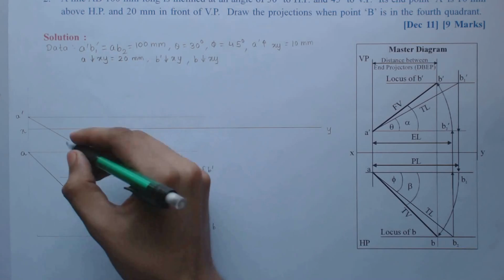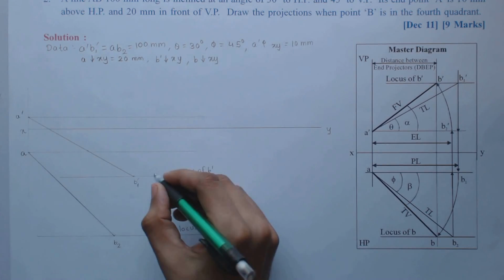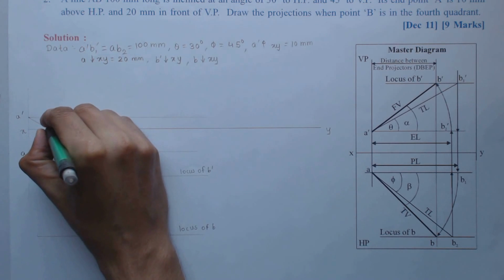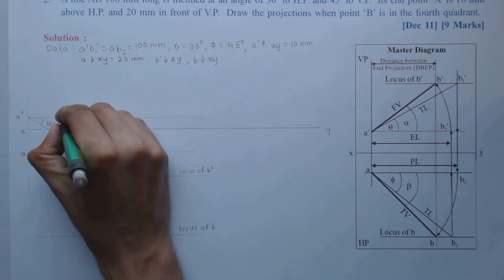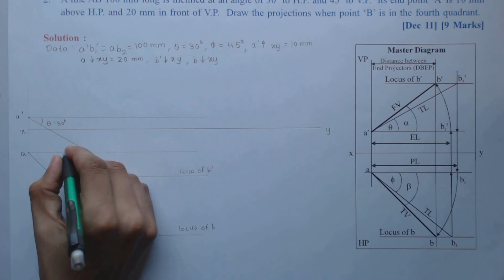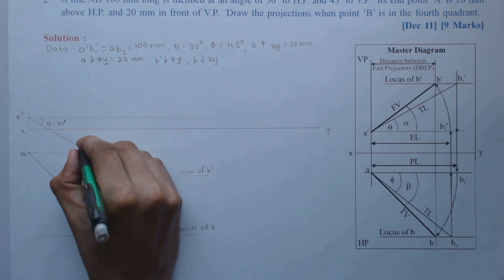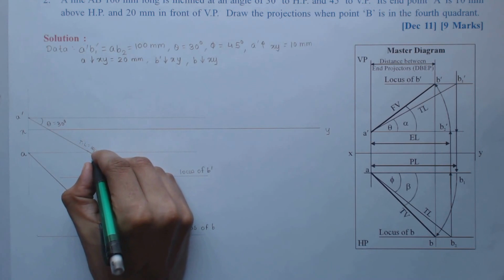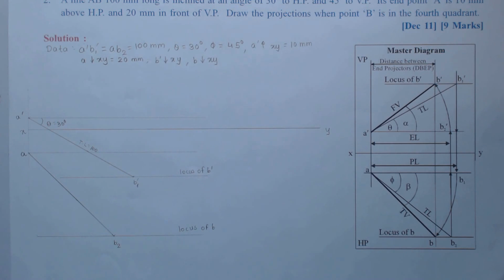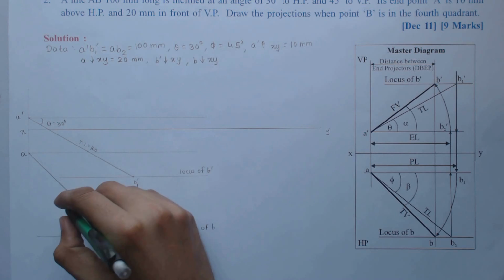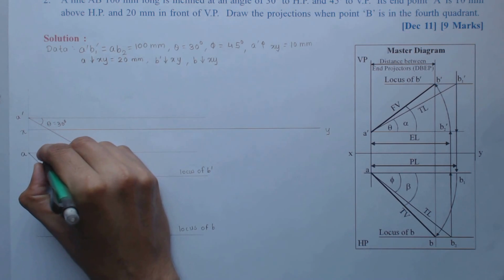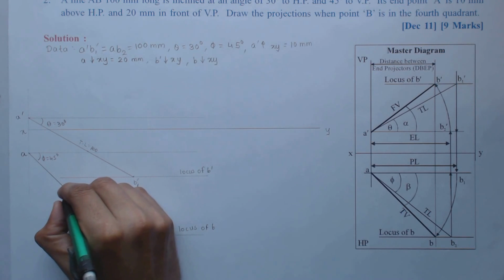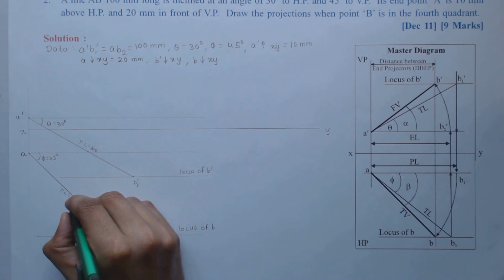Now I'll denote those angles. Since for A dash B1 dash the angle measured is theta, which is 30 degrees, I'll write here again the true length for A dash B1 dash, which is 100. Similarly, for the top view, we have measured this AB2 at an angle phi, which is 45 degrees, and the true length is again 100 mm.